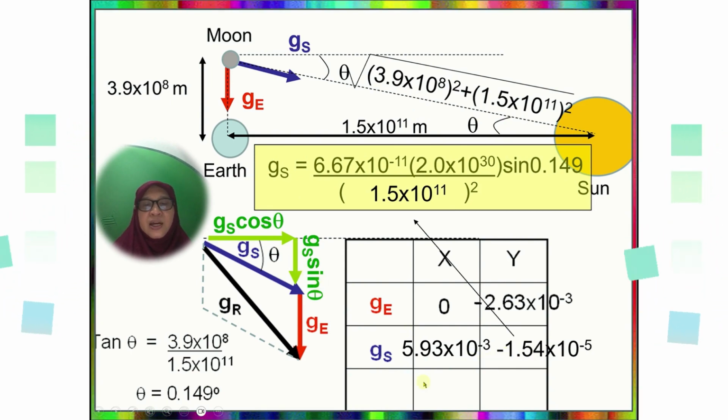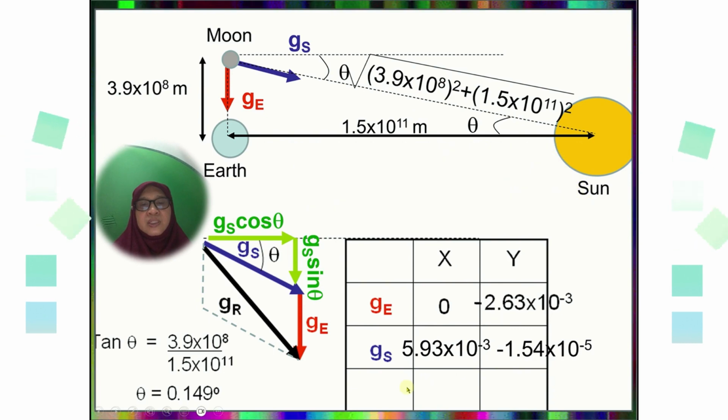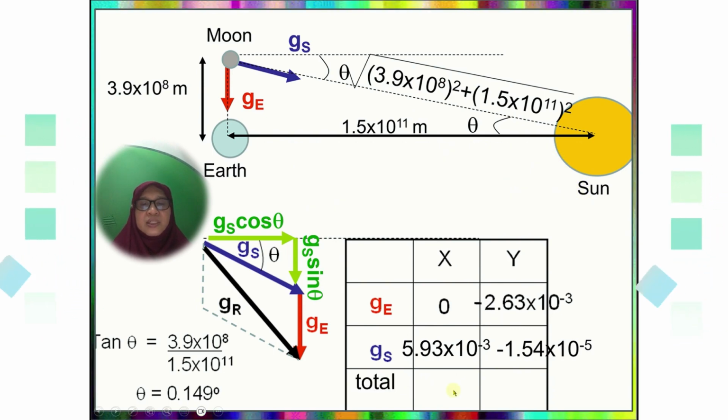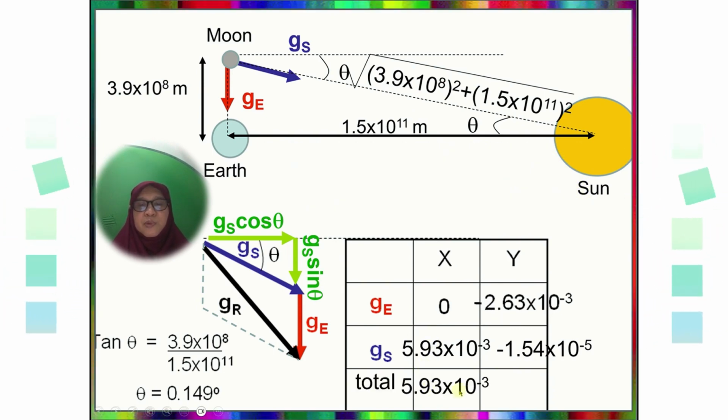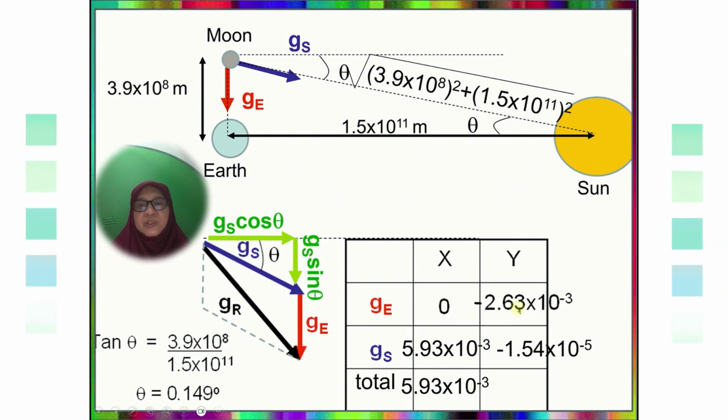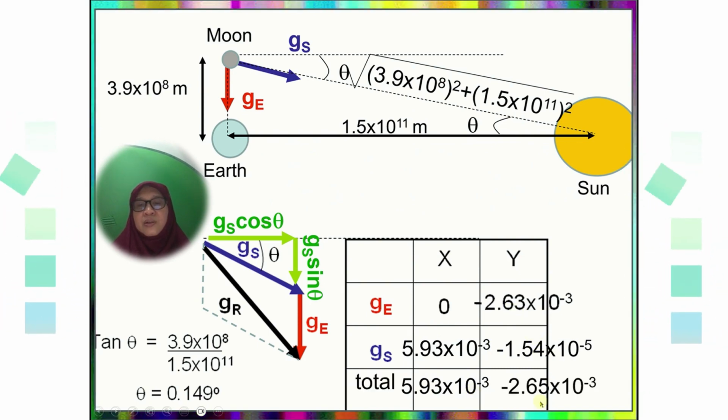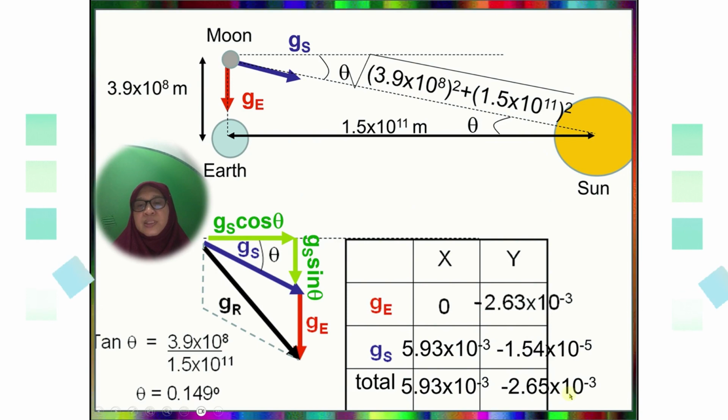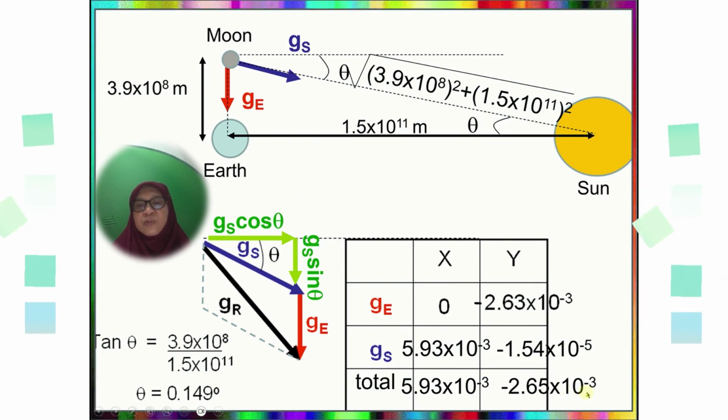Now we calculate the total of G earth and G sun. The total along x will be 5.93 times 10 to the power of negative 3, and along y, when we total these two, we get negative 2.65 times 10 to the power of negative 3.